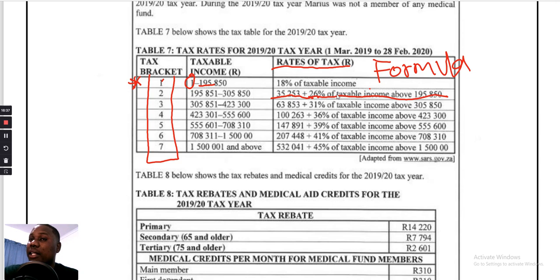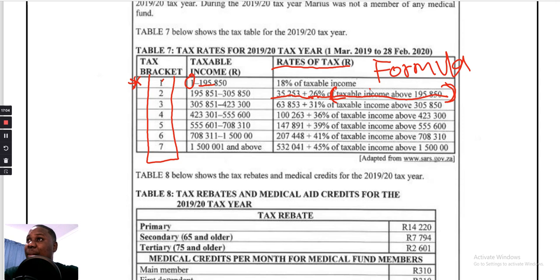We know that the "of" means multiplication. But since here we're going to have two amounts, this "of" we now change into brackets. Instead of putting the multiplication, we now open our bracket and close our bracket here.